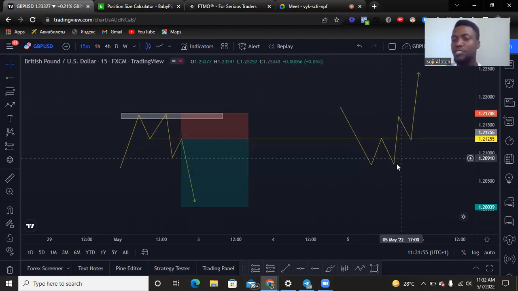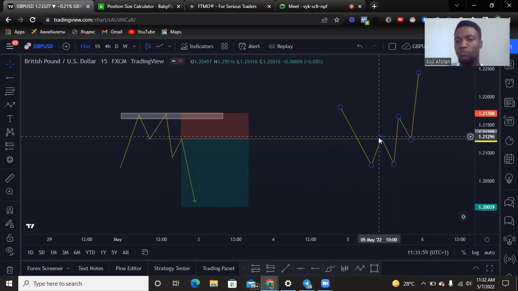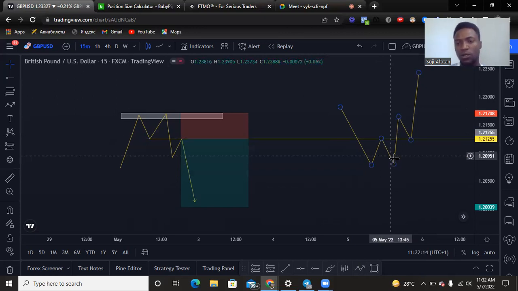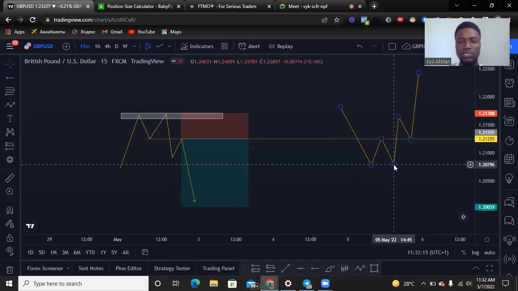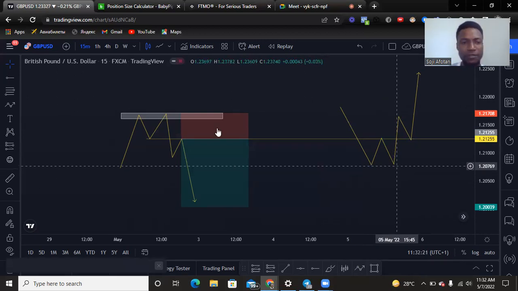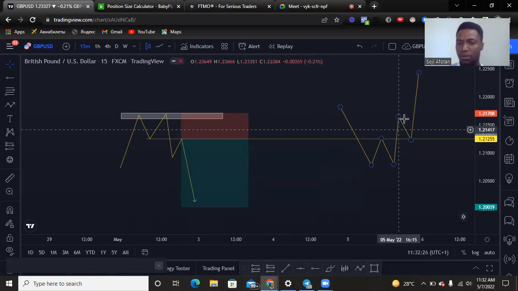At this point, it's still risky. But the moment we break this high here, that's when we break it and it's coming back for a retest. Most times it happens, but most times we don't see it because we just think, oh, it's at this point. Whenever you are trading your double bottom or double top, the moment the second leg has formed and the market has pushed up, you would notice it is coming back for a retest.